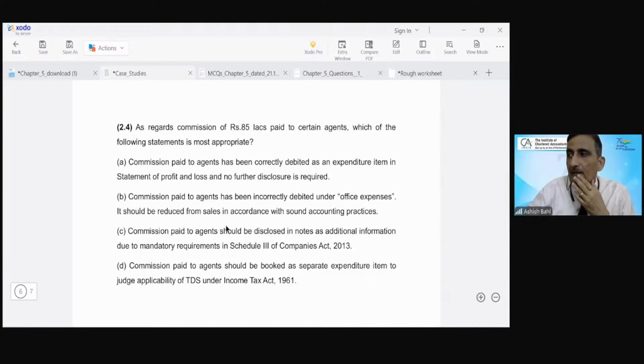Yes, only 3 responses have come. Rath, Palini, Bhaskar Das, and Pranav. Yes, few more have come.